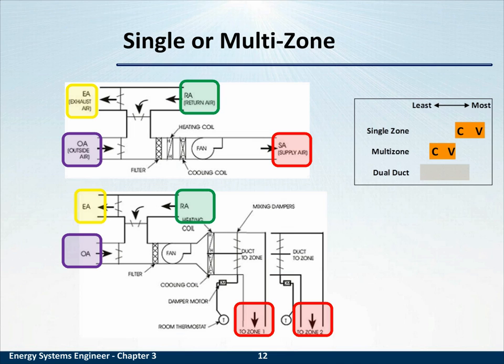What you notice as the difference here in supply air is that a single zone has one supply duct, while multi-zone has two supply ducts. Note, however, that the multi-zone solution still has heating and cooling coils centralized near the fan.